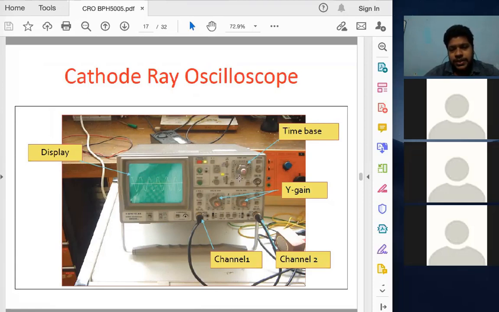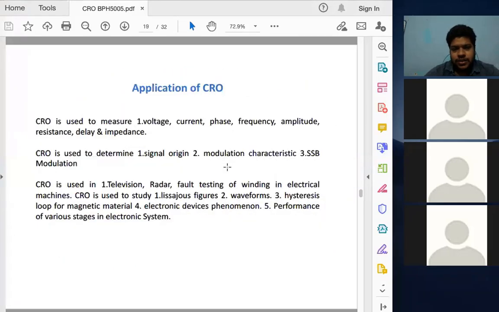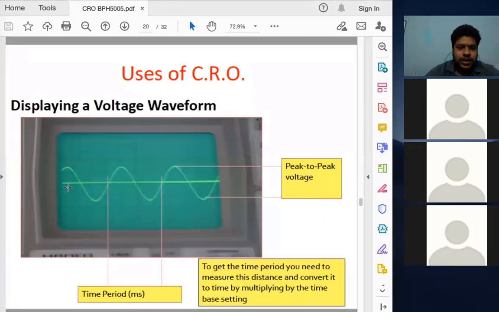So time is on the x-axis. This is the peak, this is the wave. You take one complete cycle: a wave starts from here, it goes like that, it goes like that. After this is a complete waveform. So one complete waveform.